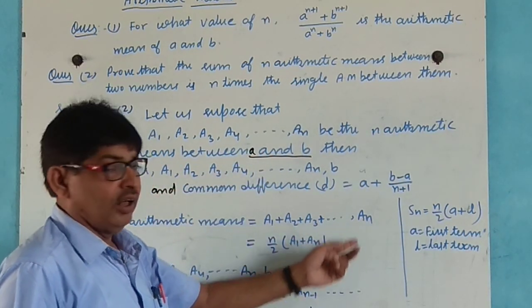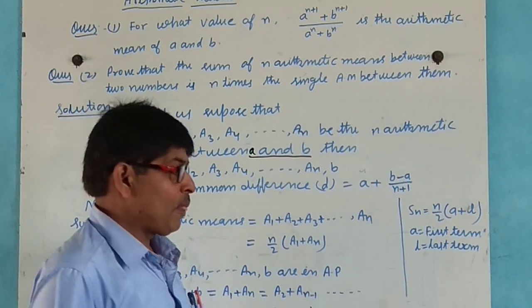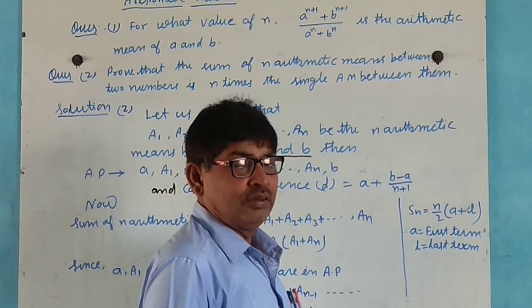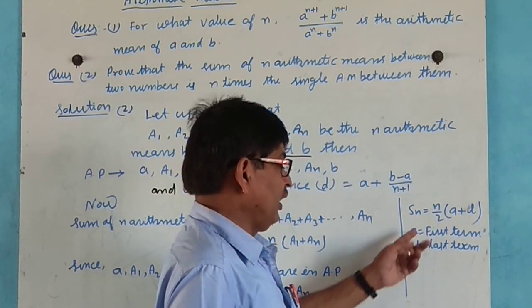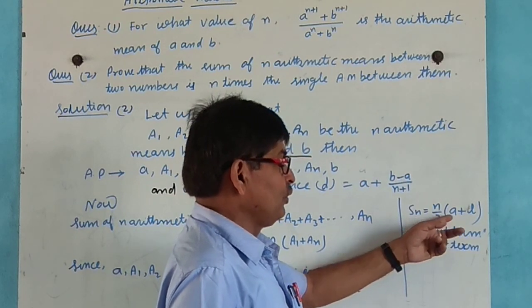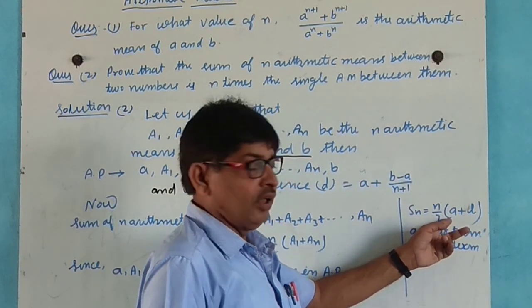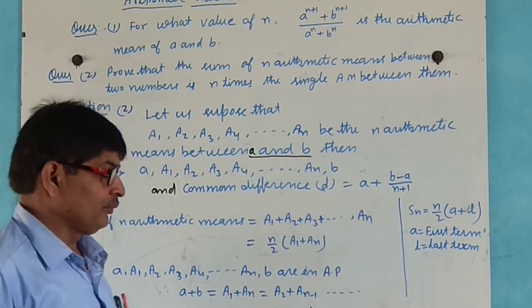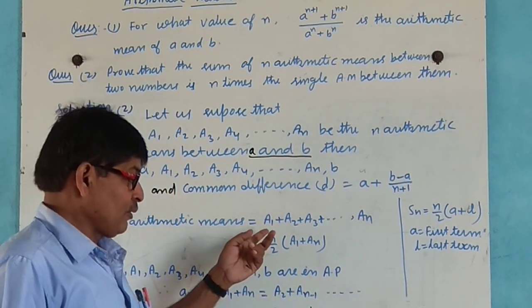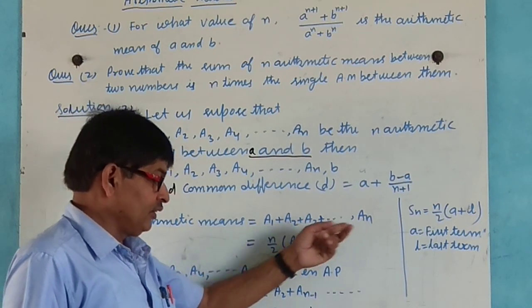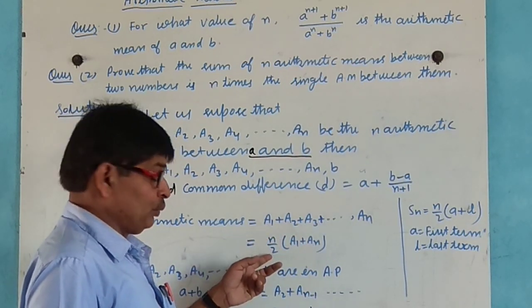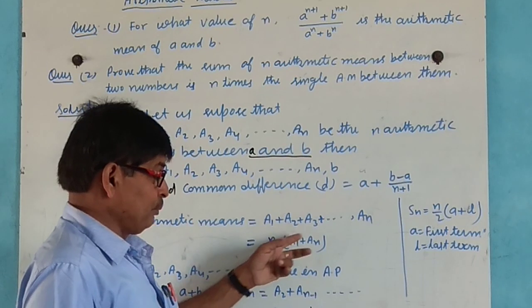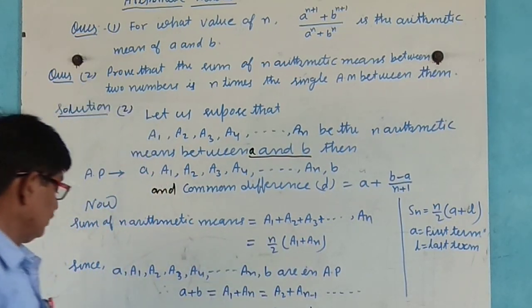As you know, according to the summation formula, Sn is equal to n by 2 into a plus l, where a is the first term and l is the last term. So the sum of this is n by 2 into a1 plus an.